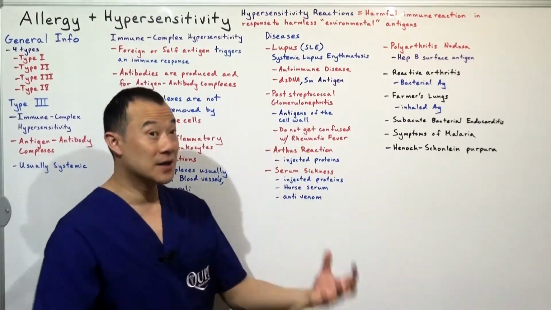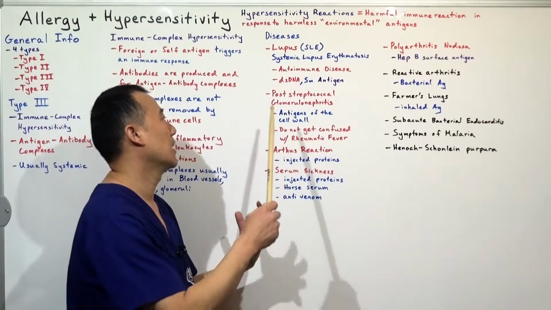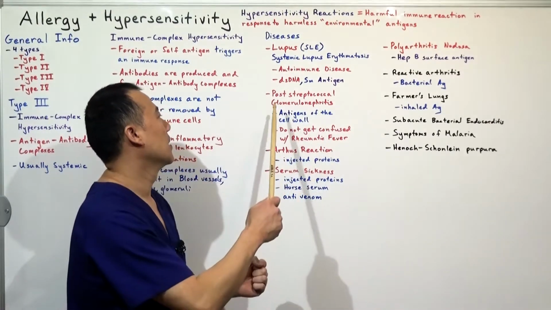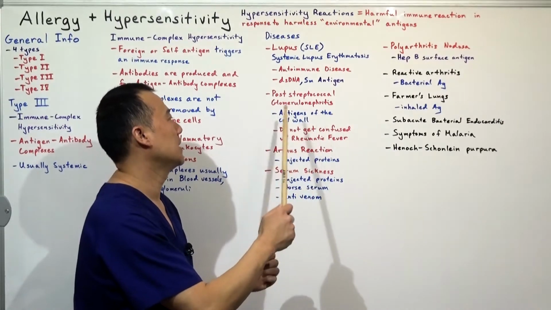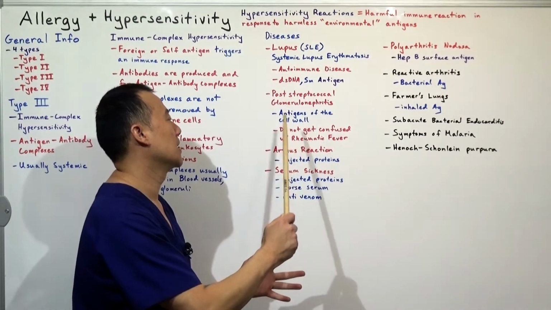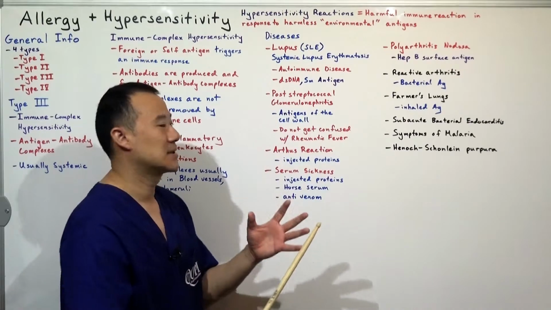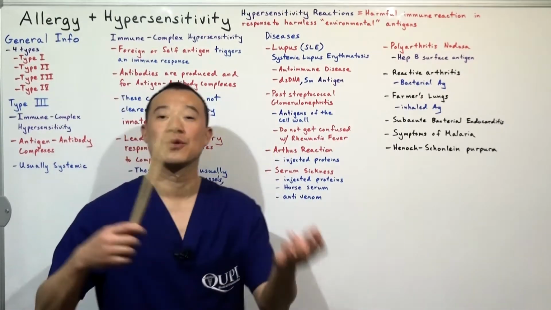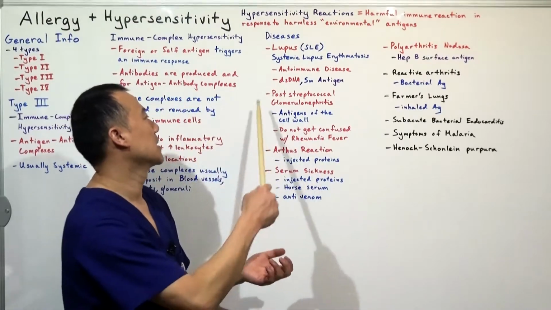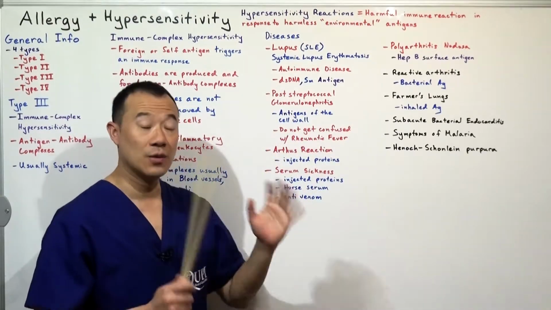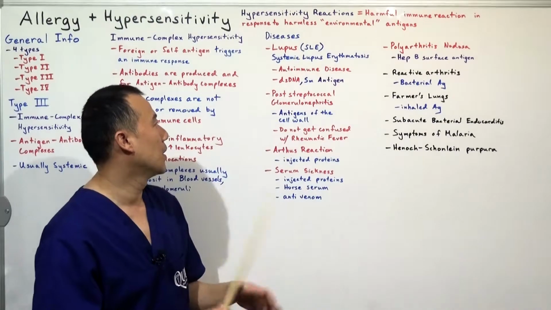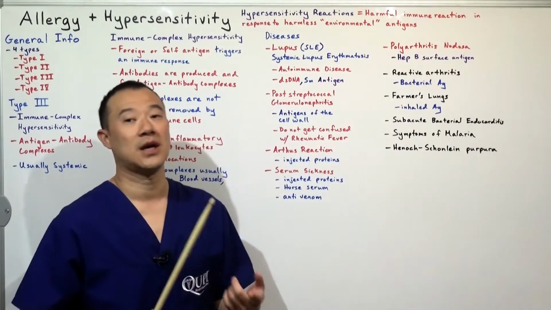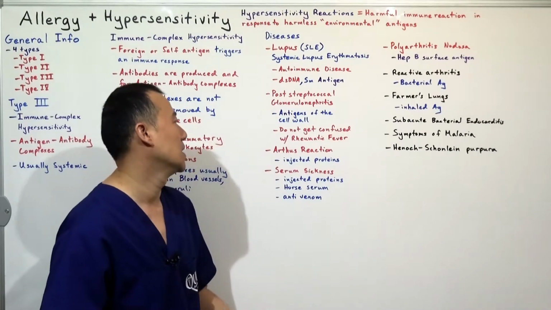Now, again, the streptococcus cell wall causes problems too in type 3, and it causes the kidney problems, the glomerulonephritis. These antigens of the cell wall trigger complexes, which deposit themselves in the kidneys, and it's a type 3 hypersensitivity. So don't get the two confused, okay? Post-streptococcal glomerulonephritis can cause both type 2 and type 3 hypersensitivity. Do not get those confused.